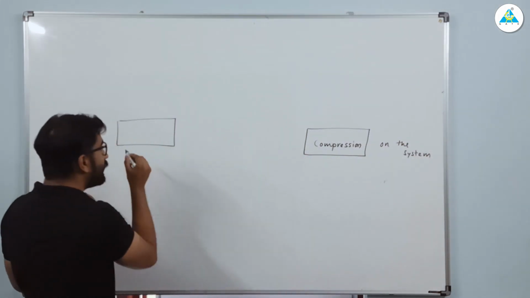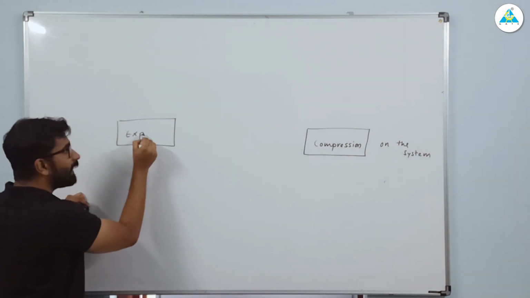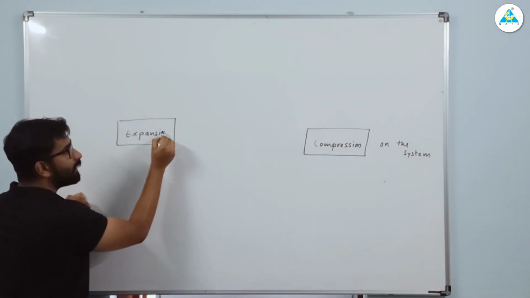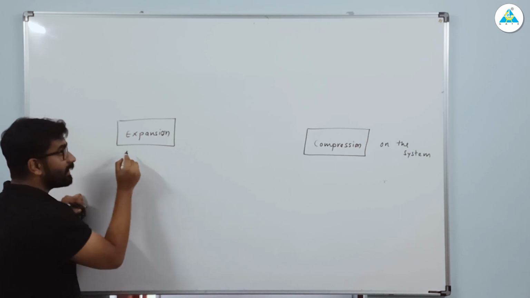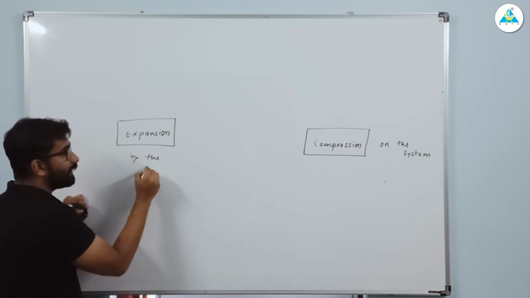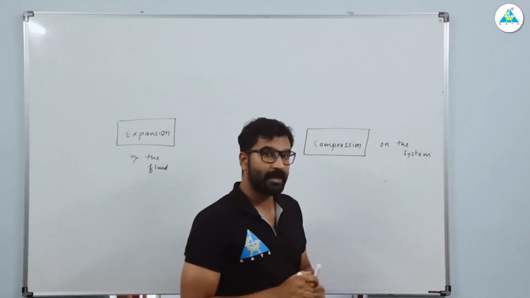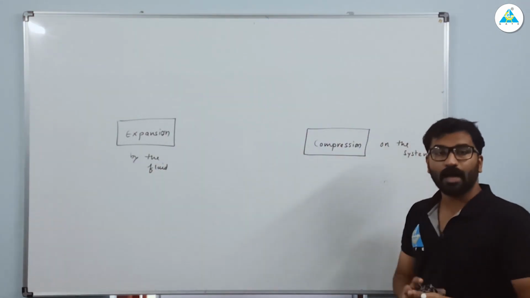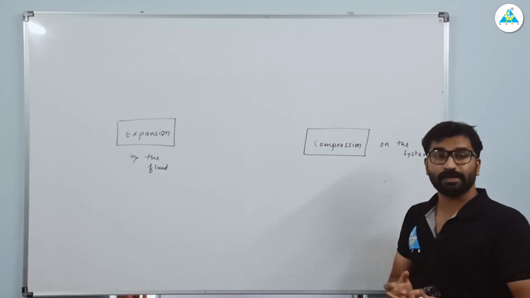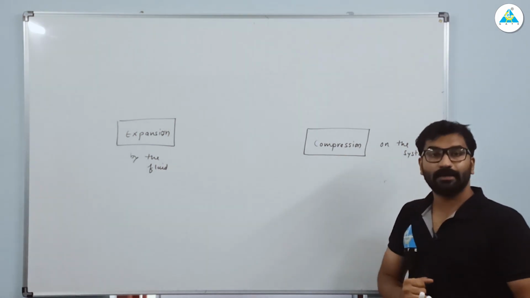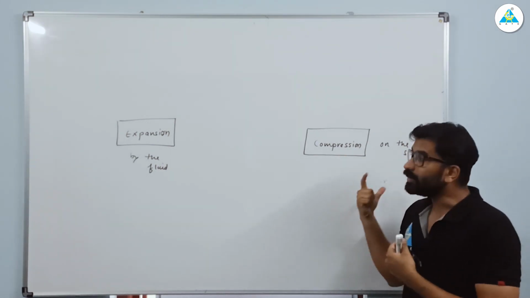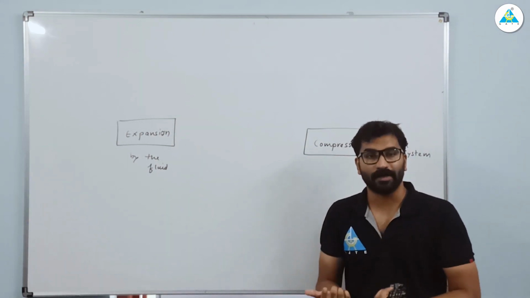On the second side we have a throttling valve, or an expansion valve. So this side we have expansion, which is by the system or by the working fluid. Clear? So you can see here, on both sides of the cyclic device, one side we have compression, and the other side we have expansion.